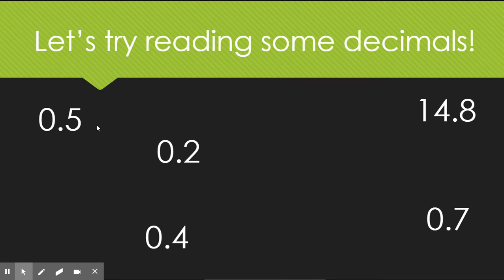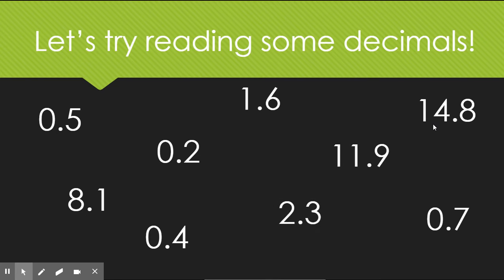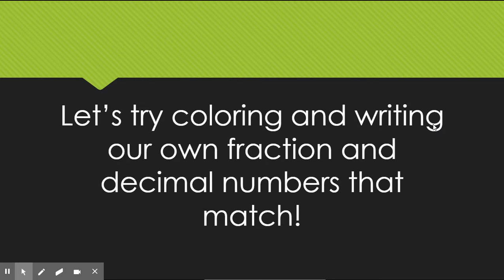We can just say 5 tenths. We don't have to say the 0. It doesn't have a value. But now that we have a value to the left, we can say 14, and when I get to the decimal point, I say "and," 8 tenths. 8 and 1 tenth, 1 and 6 tenths, 11 and 9 tenths, 2 and 3 tenths.